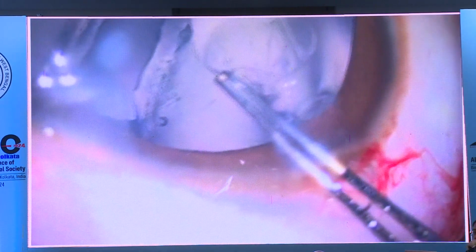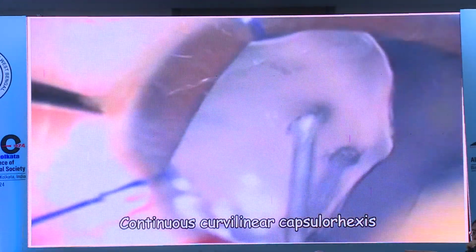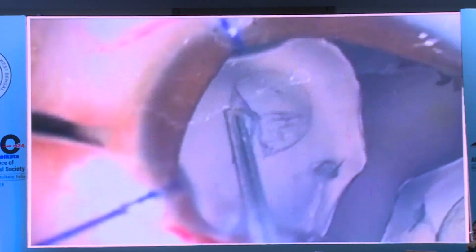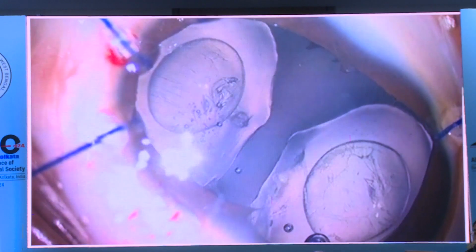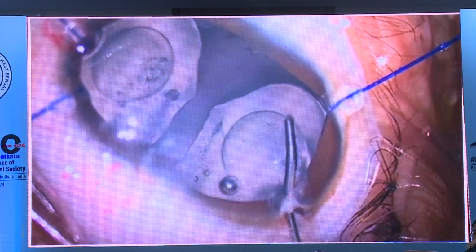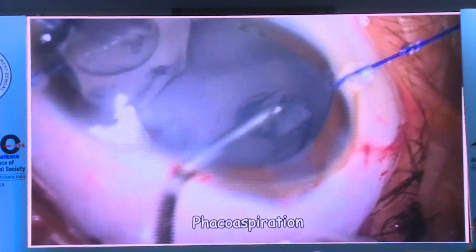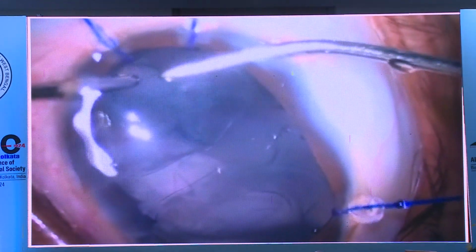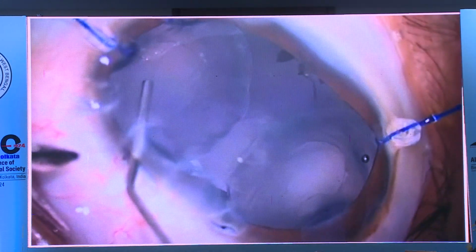So we did 2 continuous curvilinear capsulorhexis, one on each lobe of these 2 crystalline lenses in the same eye, removed the cortex from the capsular bag, and implanted this mega IOL into the capsular bag on each side.